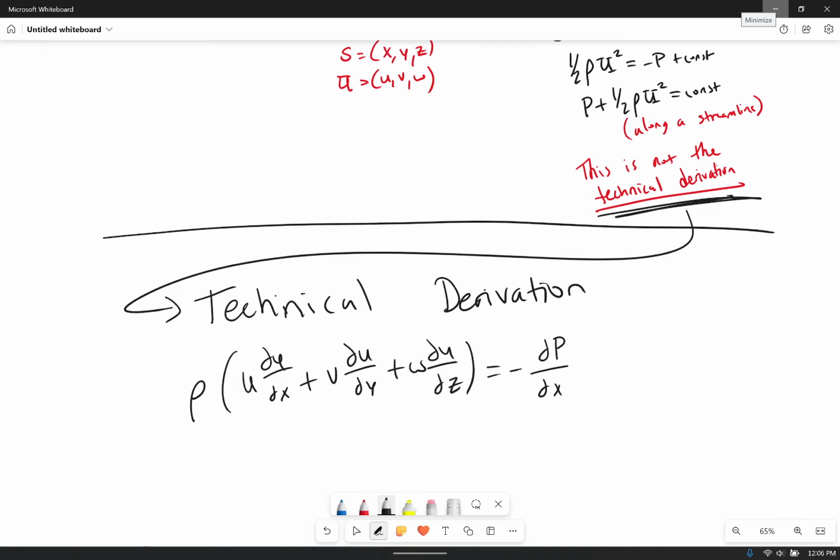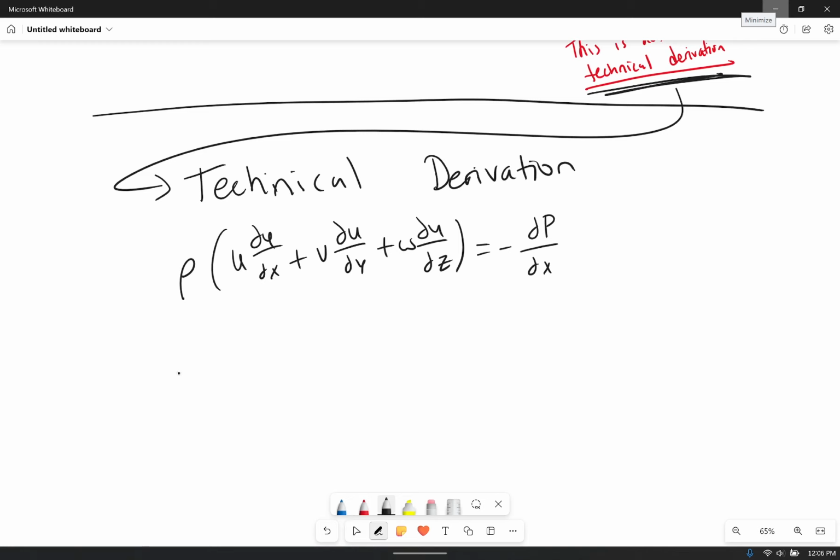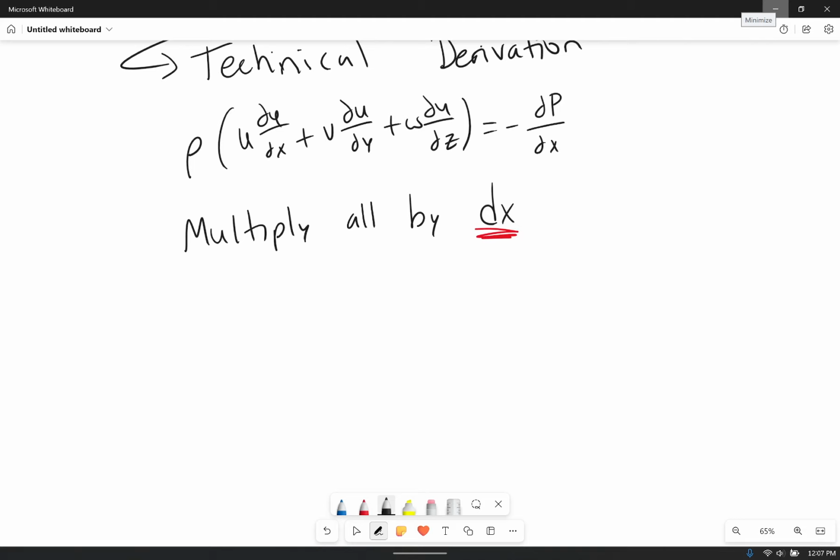Now, the first thing we're going to do is multiply everything by dx. The reason for this is going to become very apparent in just a minute. But first of all, we'll go ahead and write it out.